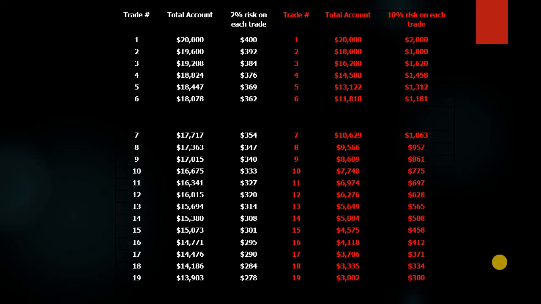This is just an assumption, because normally it should not be possible for traders to lose 19 trades consecutively. That means that trader is not serious at all.